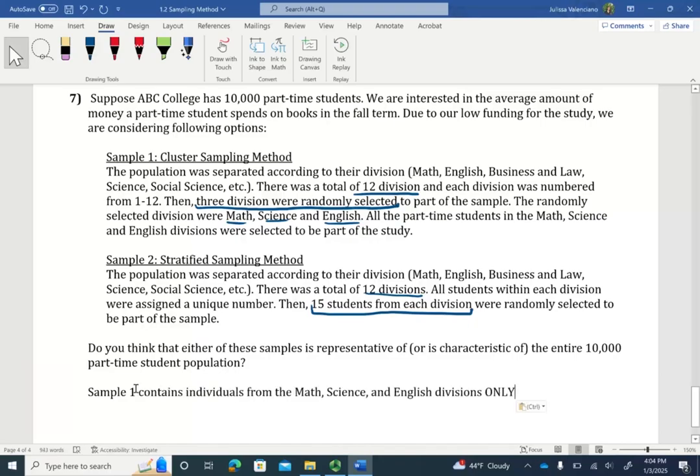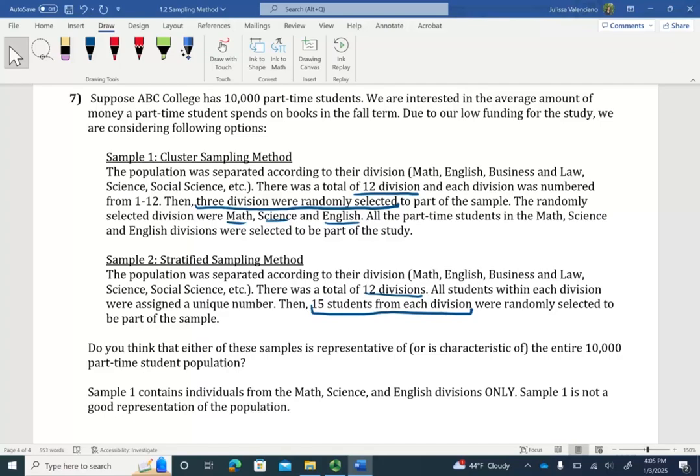Let's go ahead and write that. So because we don't get to hear from students from other divisions, and I think we can agree that other divisions might have a lower cost for textbooks compared to the math, science, and English division, we're thinking sample number 1 is not going to represent the entire population. So sample number 1 is not a good representation of the population.